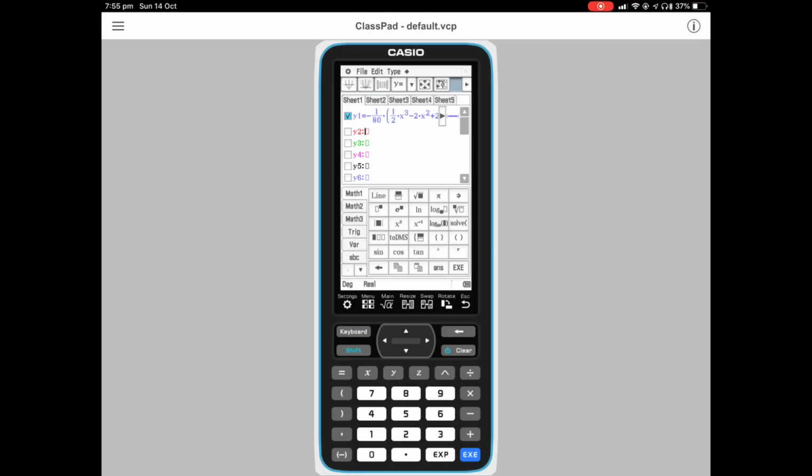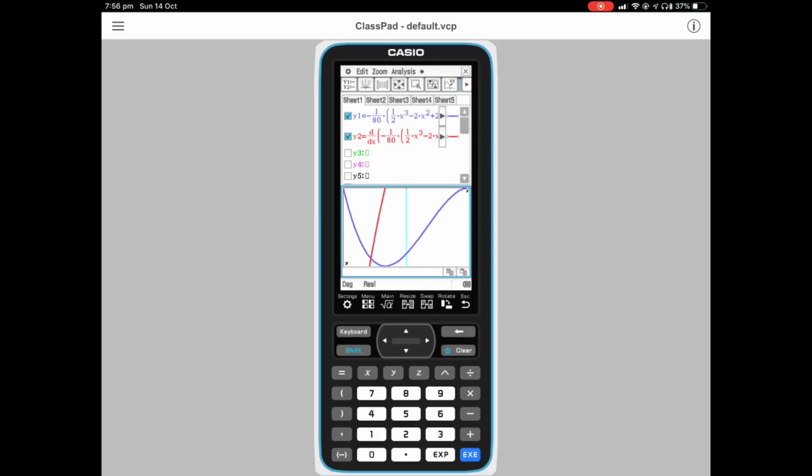So, if we derive that, d/dx of that function, okay, the maximum analysis, G-solve, max.